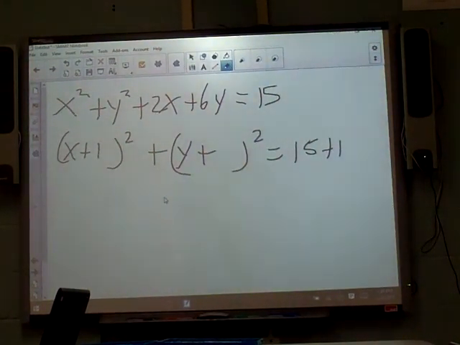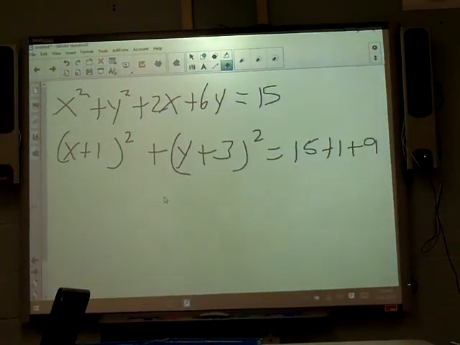What's the square root of 9? 3. Okay, but I can't just magically add a 9, so I got to go add a 9 on both sides of the equal sign. So that parentheses with my y's will say y plus 3 squared. And then I got 15 plus 1 plus 9. Okay, so you now already know the center.